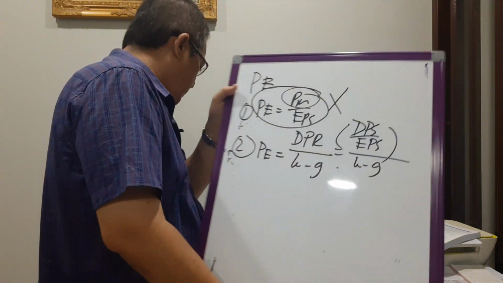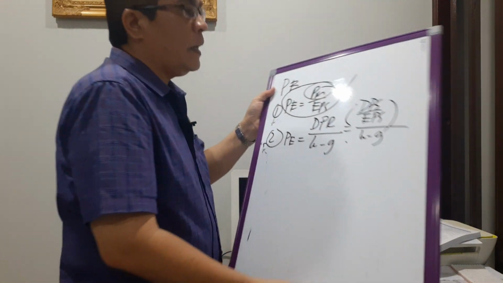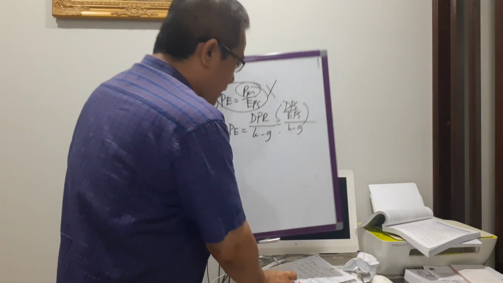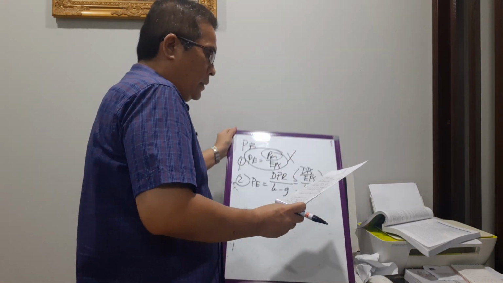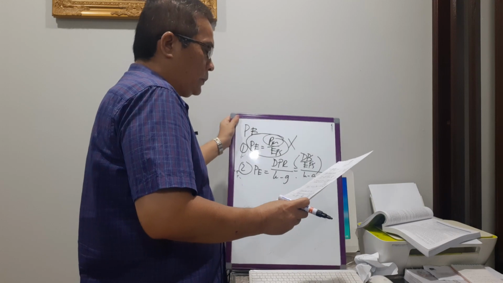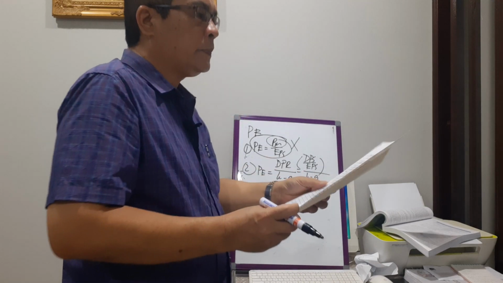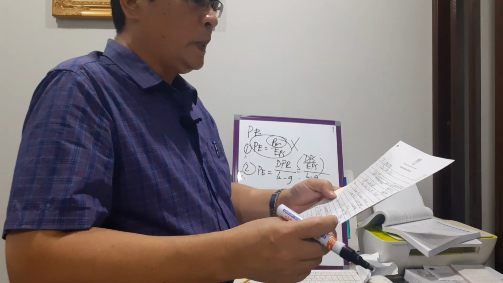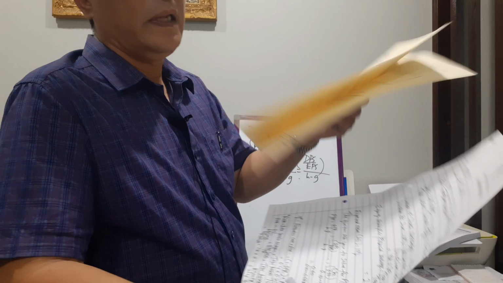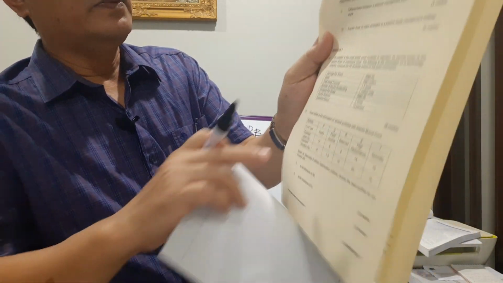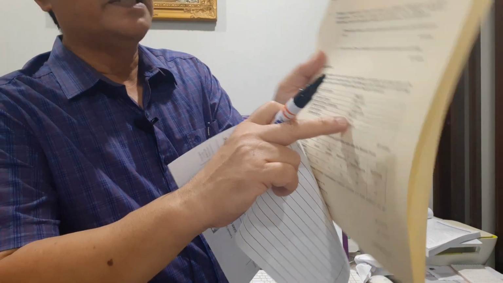Dividend per share is also given in the question. We are given that dividend per share is 30 cents, so you put 30 cents here.